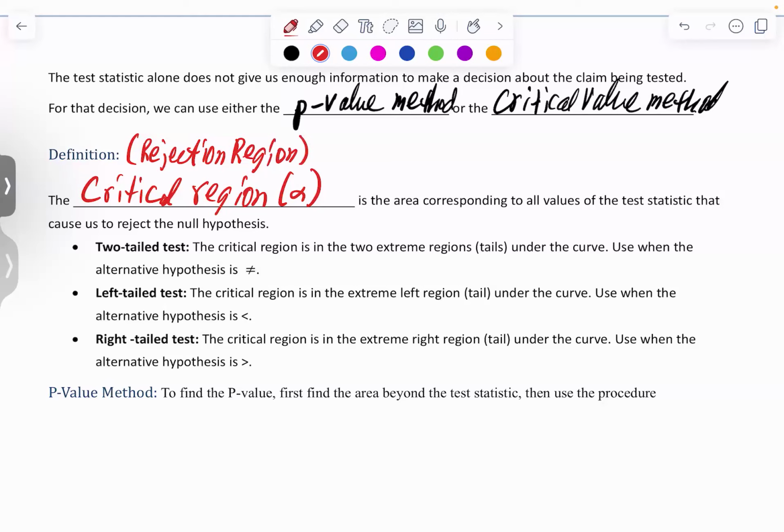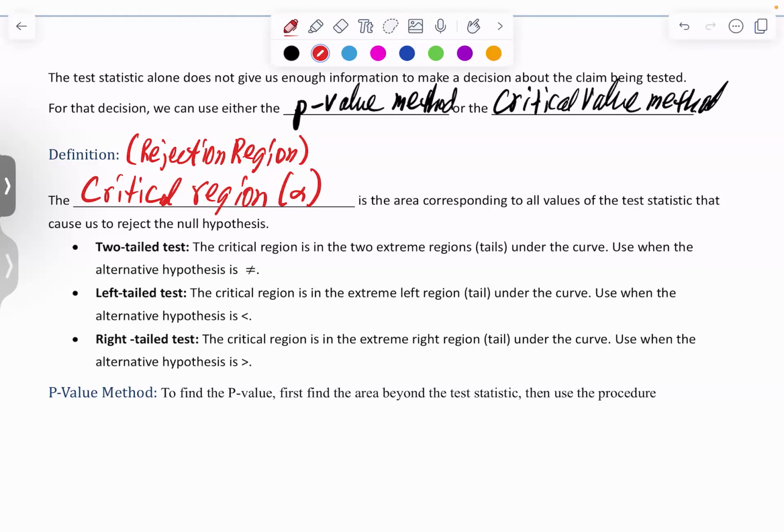So I may call it the rejection region, but it means the critical region. The critical region is the area corresponding to all values of the test statistic that cause us to reject the null hypothesis. A two-tailed test means that the alternative hypothesis is a not equal to. A left-tailed test is when the alternative hypothesis is a less than. And a right-tailed test is going to be when the alternative hypothesis is a greater than.